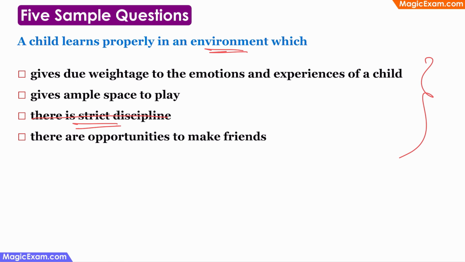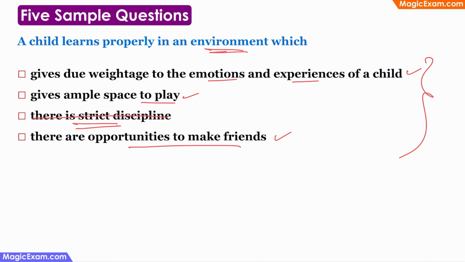So eliminate that. Now, if you look at the last one, opportunities to make friends, this is correct because this will affect the social development of the child. Then ample space to play. Now, play is also very, very important in the social, emotional and physical development of the child. Therefore, this is also correct. And the first one gives due weightage to emotions and experiences of a child. This is also absolutely correct.